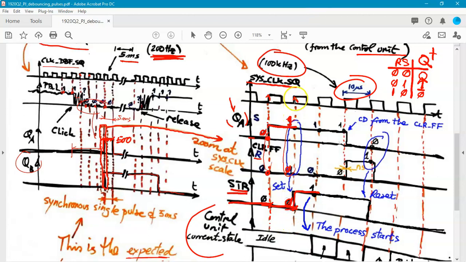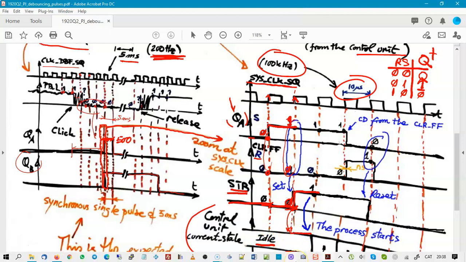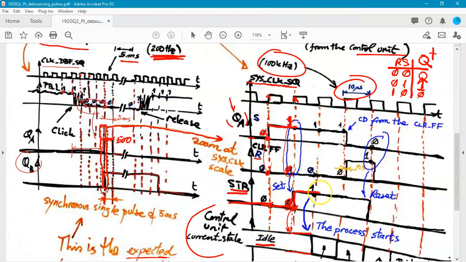So the thing is that at this time, because the control unit works with the same system clock, what the control unit is sampling is a 0. So if the control unit was still idle, now it is yet idle for another period, right? So nothing changes. But in the next clock edge, the things may be different. For example, the QA is still high, the clear is still low, so it's again a repetition of generating another pulse for another period, another high level value for another period.